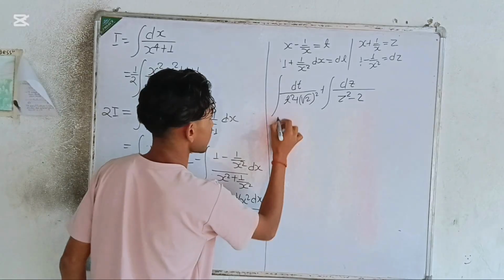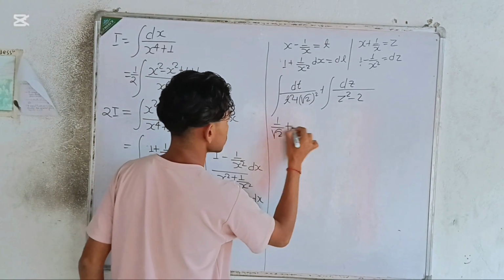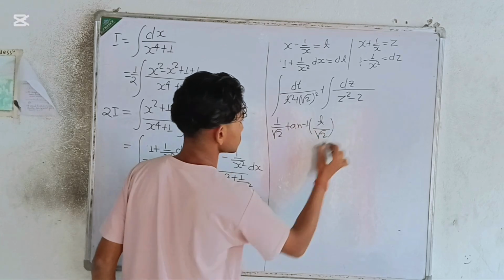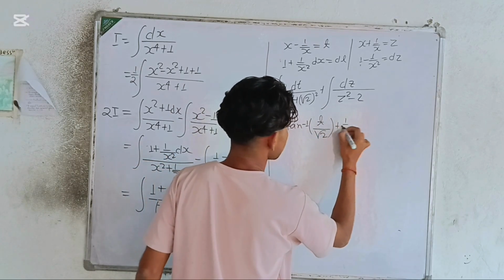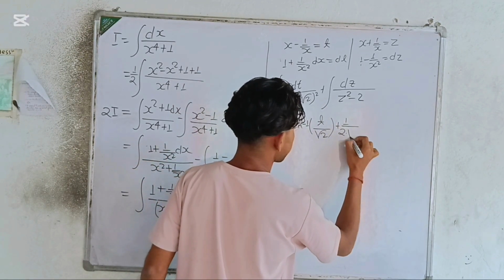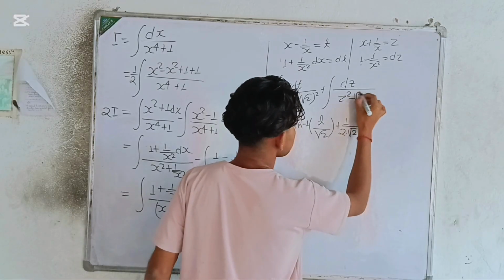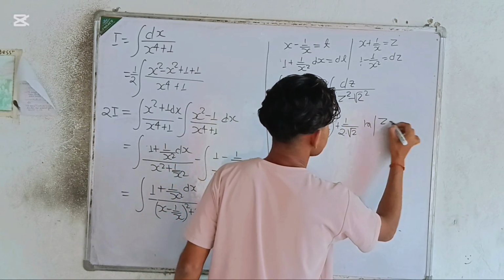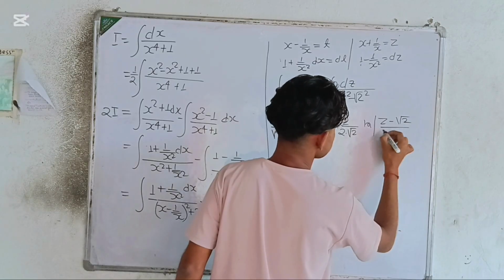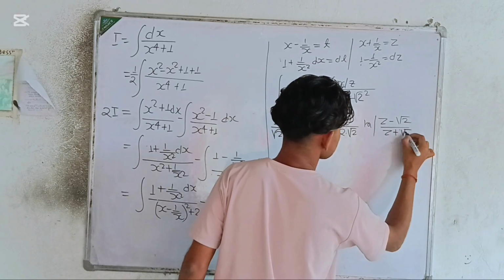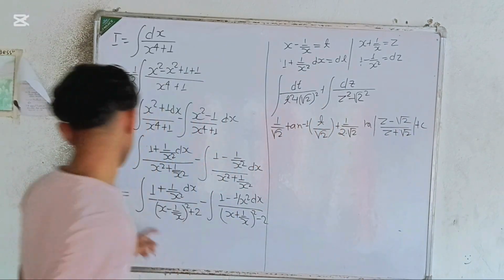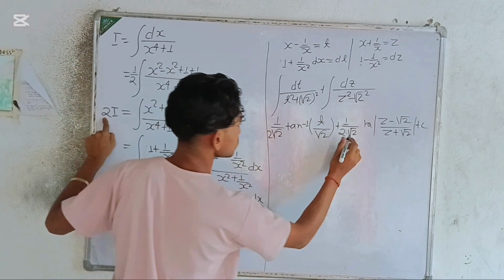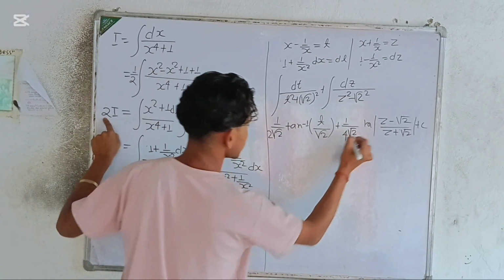So this is going to be 1 over root 2 tan inverse of t over root 2, and this is going to be 1 over 2a ln of z minus root 2 by z plus root 2, plus c. But we have our integral here as 2I, so it is going to be 2 and this is going to be 4.